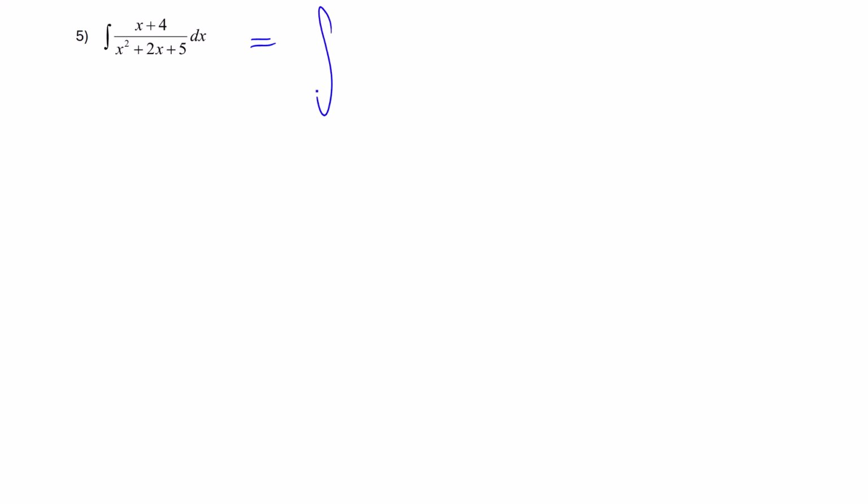I'm going to rewrite this as the integral of, and I'm going to split this up to make it a little bit more convenient. Keeping the denominator as x squared plus 2x plus 5, of course. I'm going to write the numerator as x plus 1 first, dx.